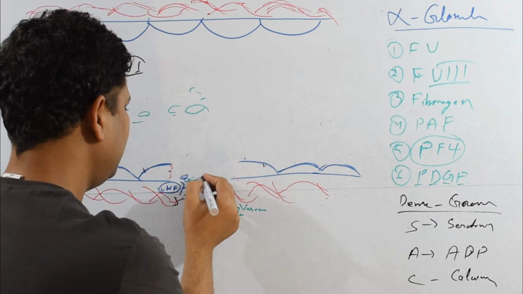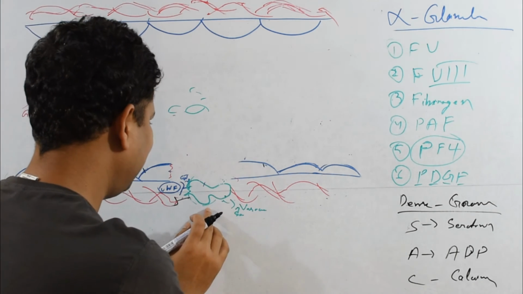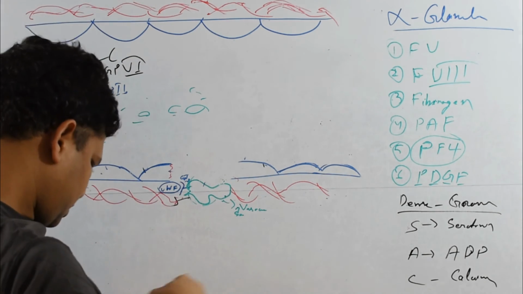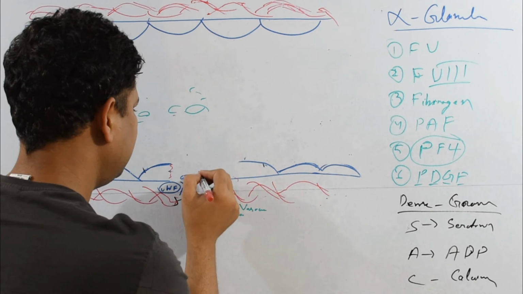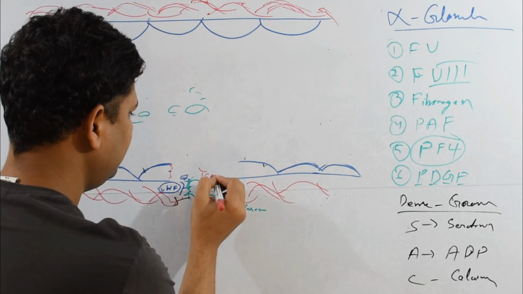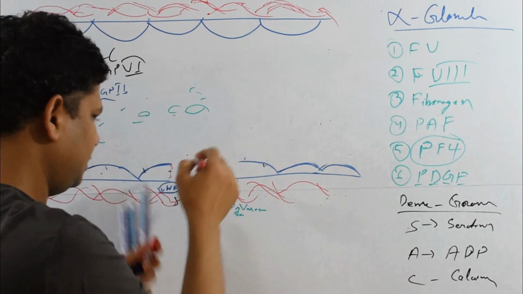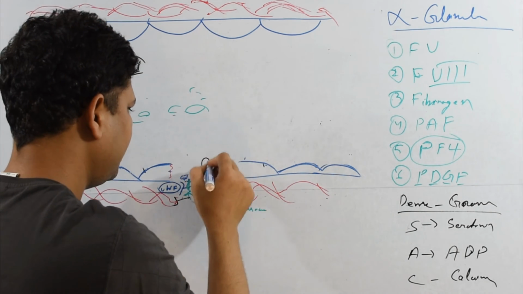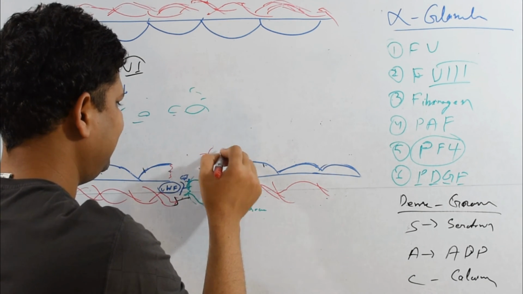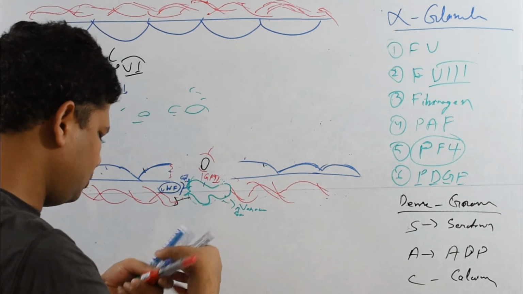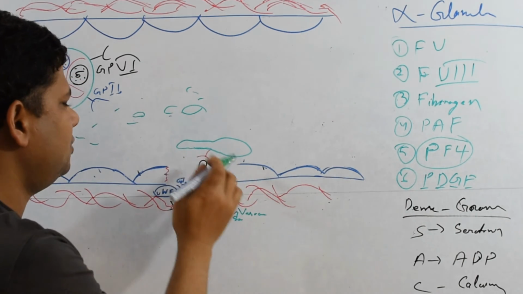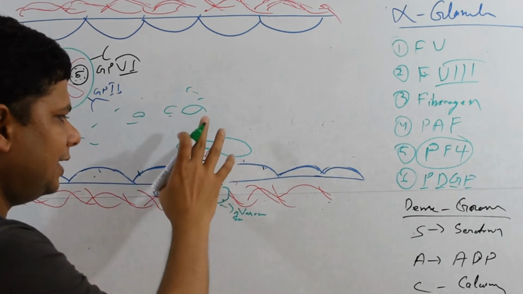Fibrinogen will bind, after the activation of platelet, to GP2B, glycoprotein 2B. Fibrinogens bind to this, and to this another platelet. This is GP2B. After the activation, these platelets also bind through GP2B to fibrinogen and other platelets.